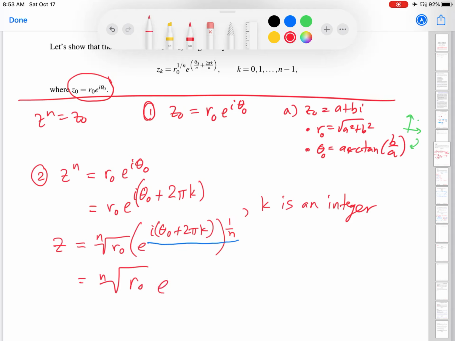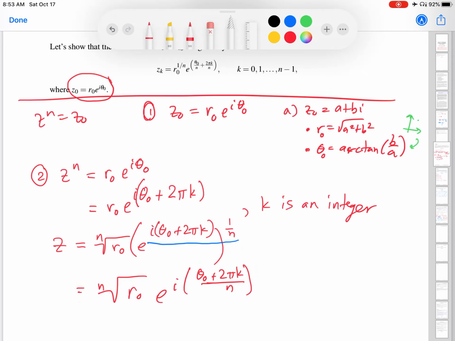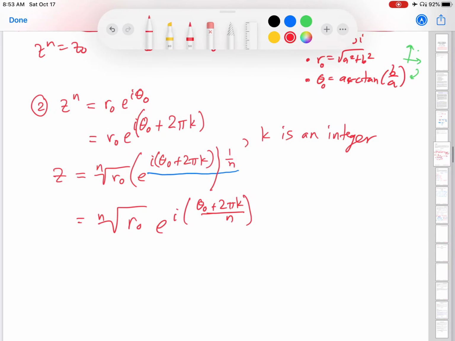So this is e to the i, and I have theta sub 0 plus 2 pi k over n. All right, so now I am very, very close to the final form of my de Moivre formula.